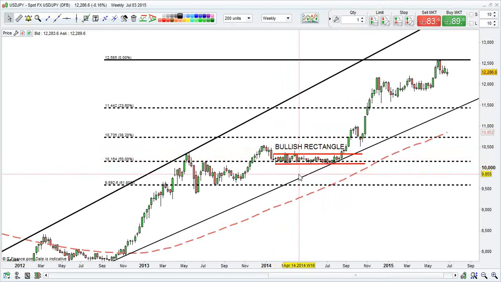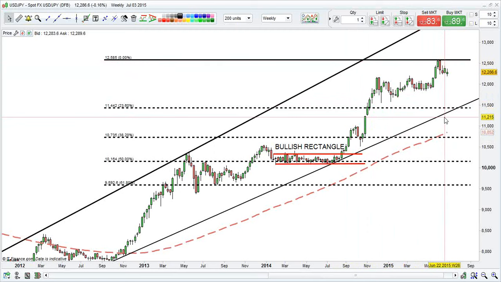Just recognize what type of market you're trading in. So a bullish uptrend, but right now during the bullish rectangle, we're in a consolidating market, and then it breaks out, we're back above, and again there are further supports with our Fibonacci, and on the top here we're running into resistance.